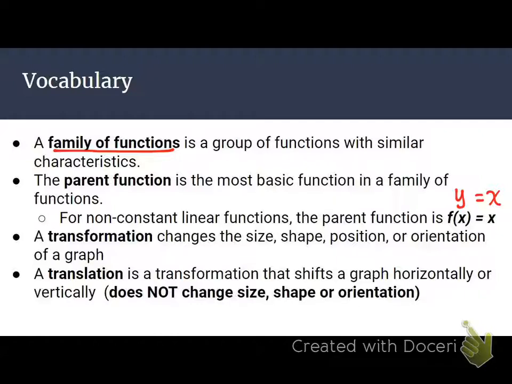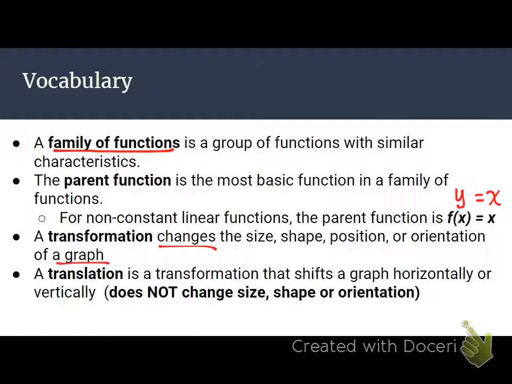A transformation changes the size, shape, position, or orientation of a graph. So it changes a graph. If you want to just put a transformation changes a graph, that's fine. It could change it in a lot of different ways. A translation is a transformation that shifts a graph horizontally or vertically.